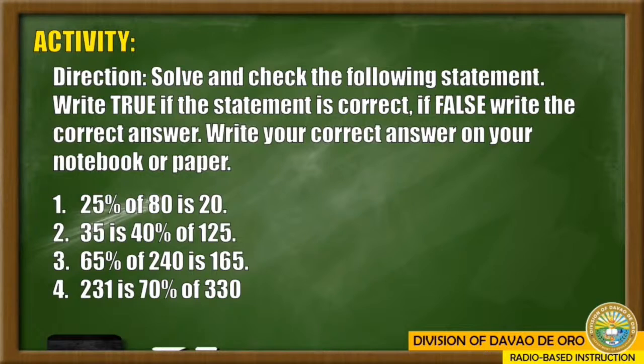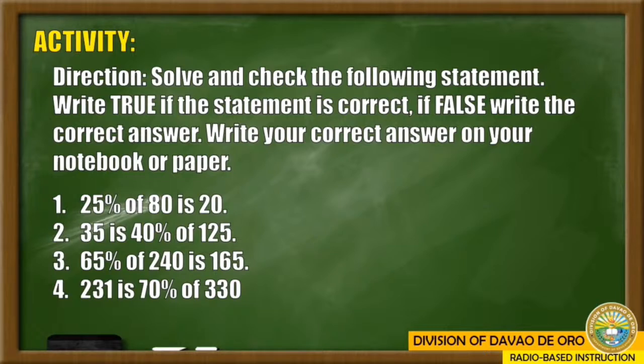Number 2. 35 is 40% of 125. Number 3. 65% of 240 is 165. Number 4. 231 is 70% of 330. Go and answer.